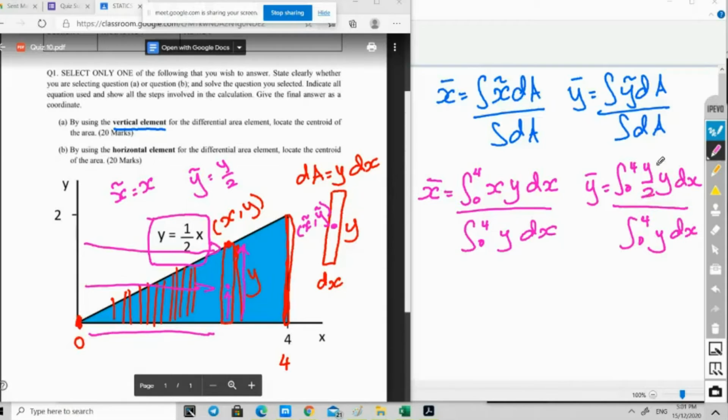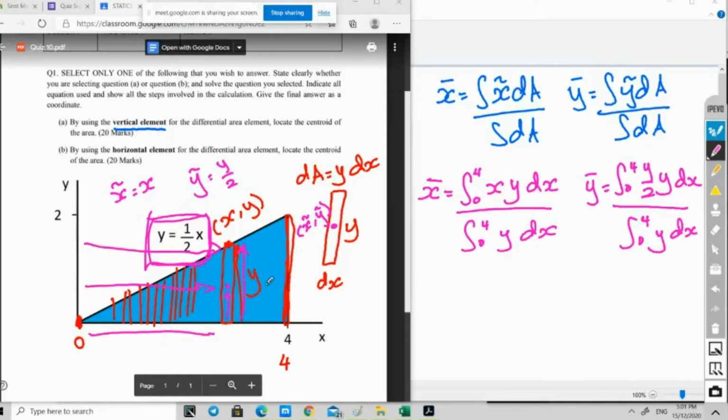Similarly, simplify this first and then substitute y equal to half x inside there, and then you get your equation that you need to integrate, and the rest is mathematical calculation where you do integration.